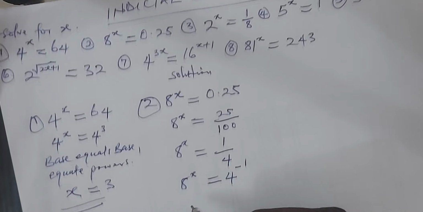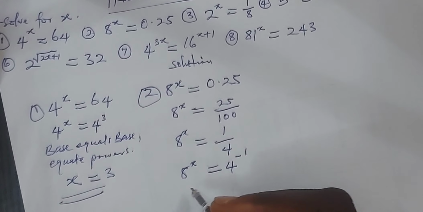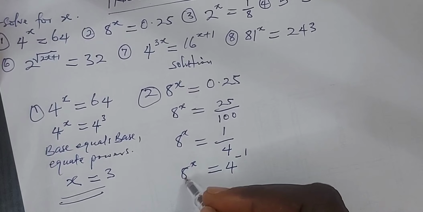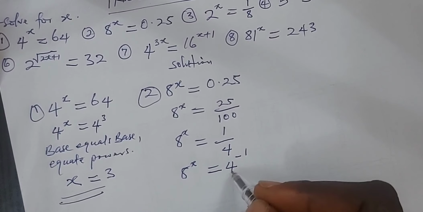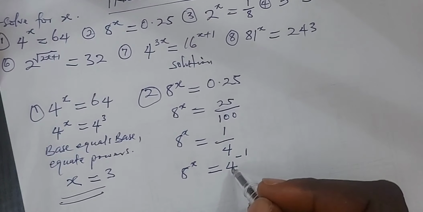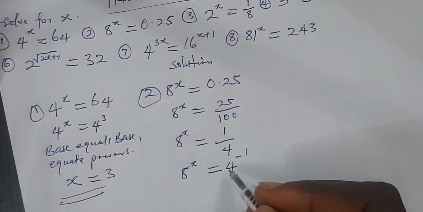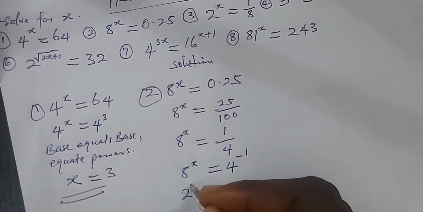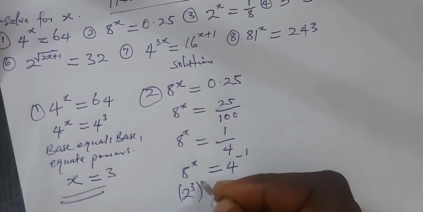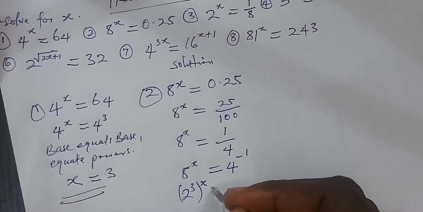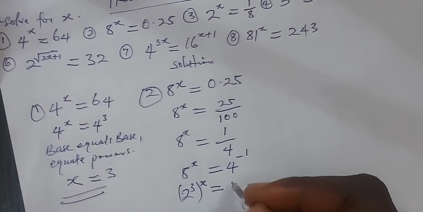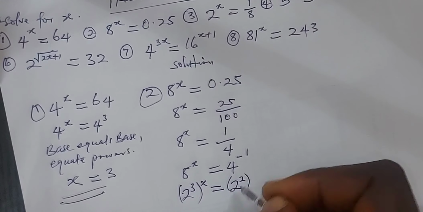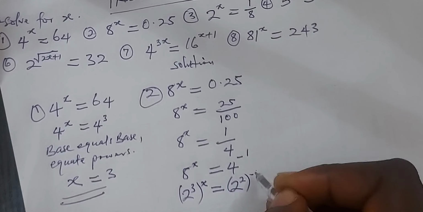And therefore, there is something you can raise 2 to that will be similar to the base, like 2 raised to the power of 3 is 8. So 2 raised to the power of 3, all in bracket x, is equals to 2 raised to the power of 2, all in bracket minus 1.